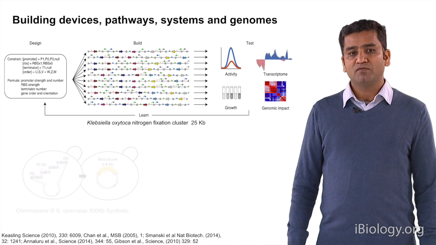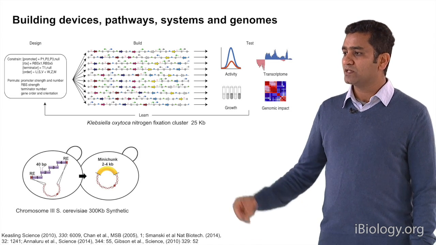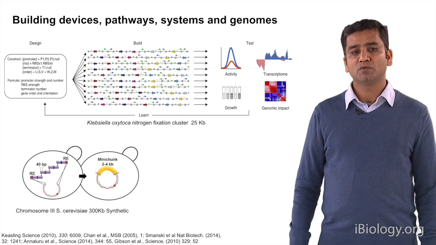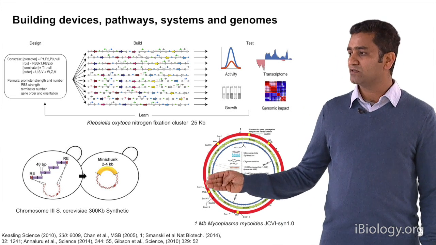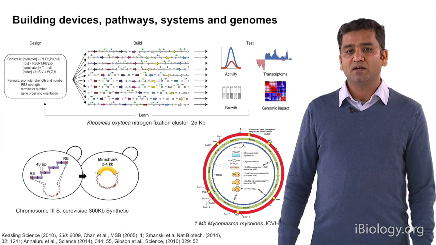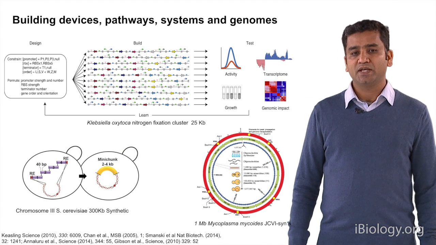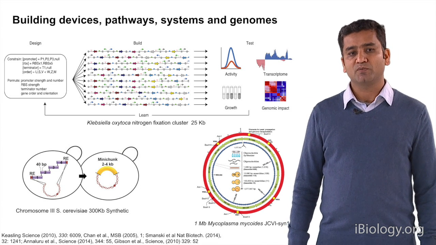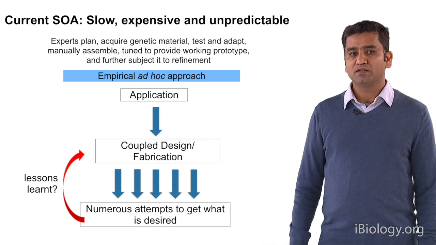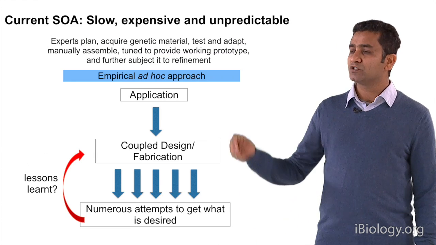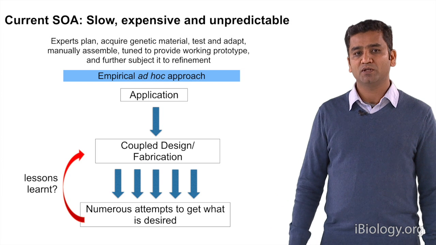Along with that, we have already seen a whole synthetic chromosome synthesized in yeast. And also, as you can see, the Craig Venter Institute has obviously made a 1 megabase DNA from synthetic approaches. Other than these special cases, the state of the art has been slow, expensive, and unpredictable.